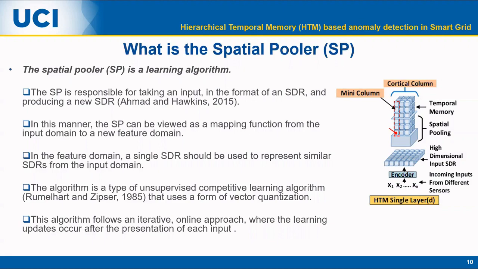That means that the learning occurs after the presentation of each input. The spatial pooler learns by seeing one data point at a time, so it is also capable of learning in a one-pass, real-time fashion.